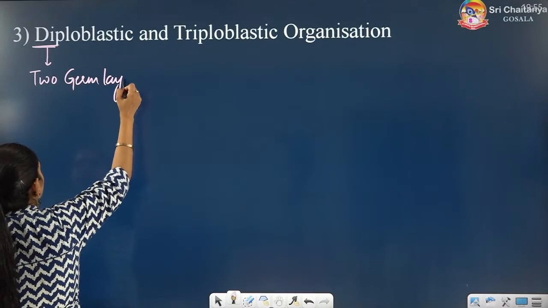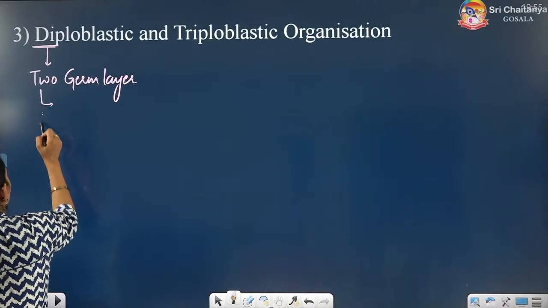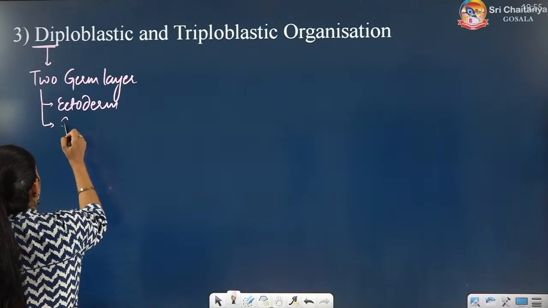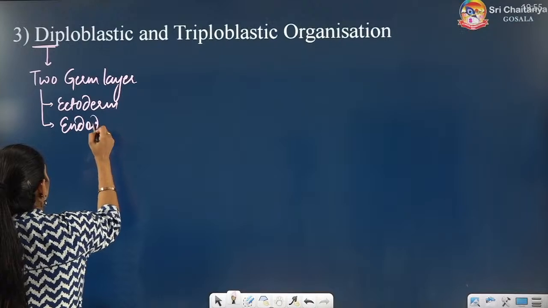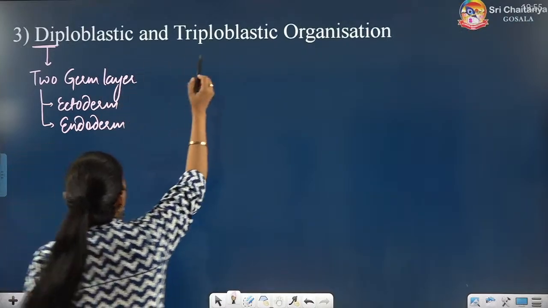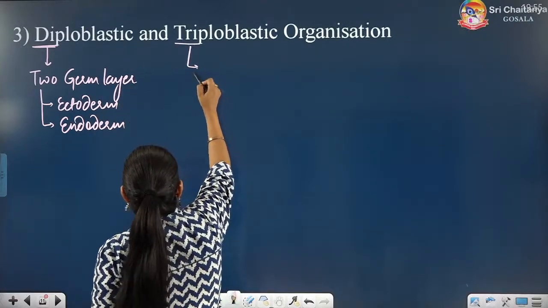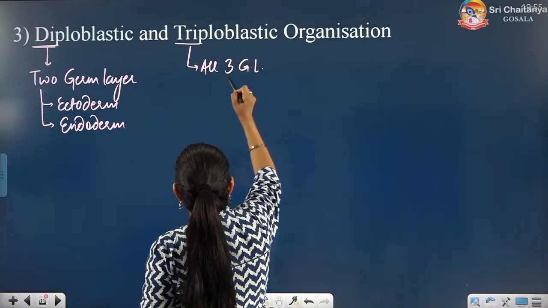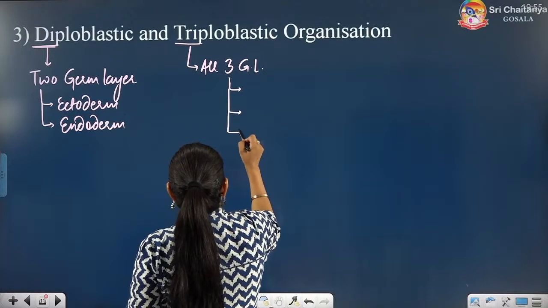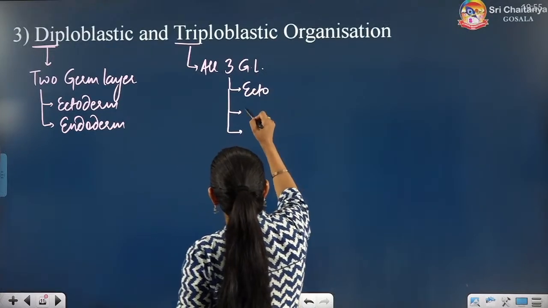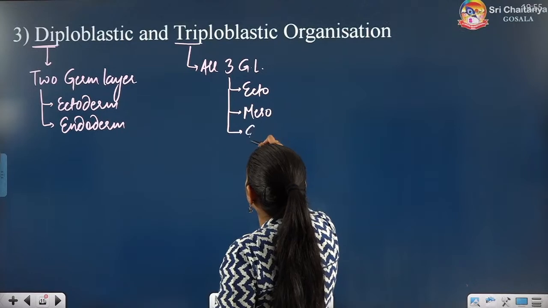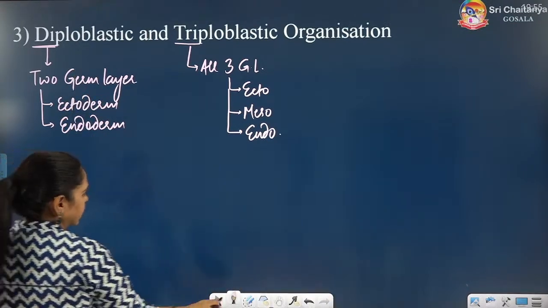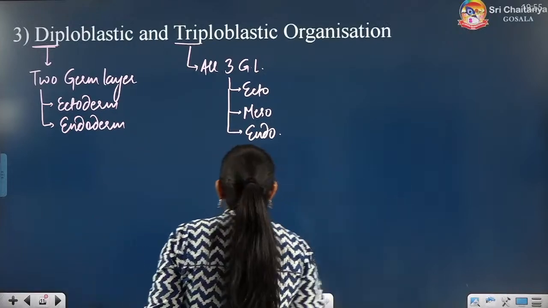These two germ layers are ectoderm and endoderm. If we talk about triploblastic organisms, they have all three germ layers: ectoderm, mesoderm as well as endoderm. You should know the examples of diploblastic and triploblastic organisms.